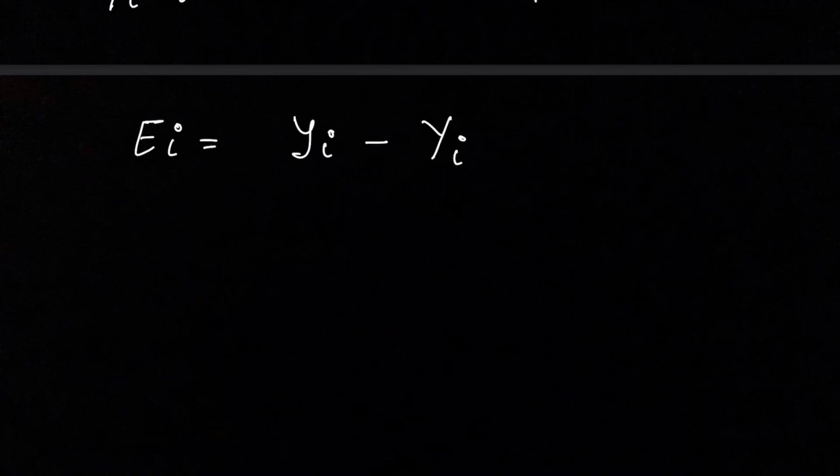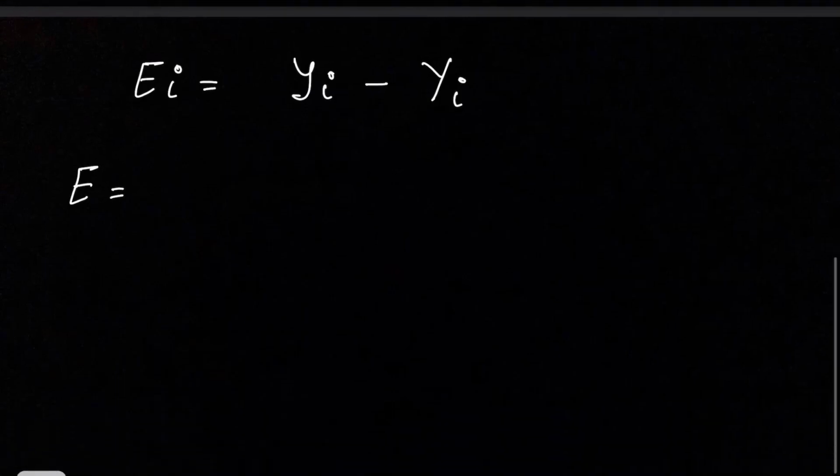Now what we want is the error sum of squares, that is the summation of these error squares. Obviously we would try to minimize it to find the regression lines.